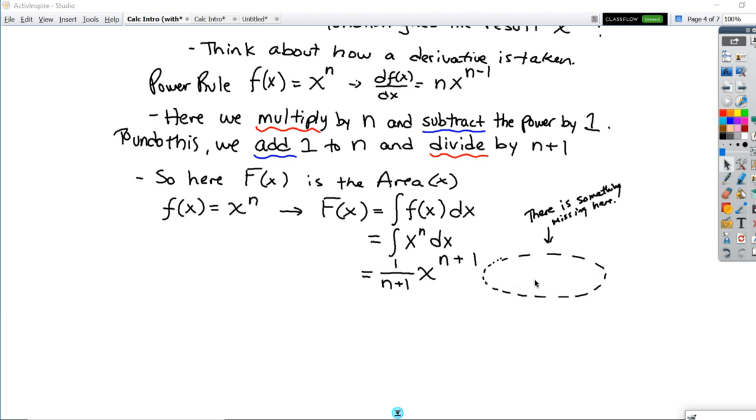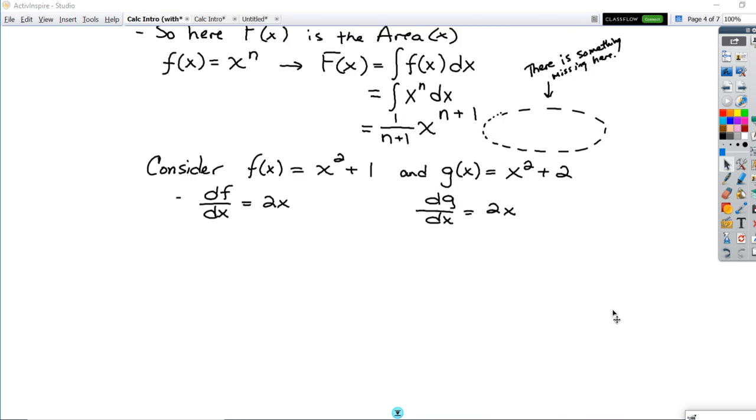You can add a constant here and still have the appropriate result. So consider the two functions x squared plus 1 and x squared plus 2. Their derivatives are the same. They're both 2x because the 1 and 2 go away. When you take their derivative, you get 0 for both.